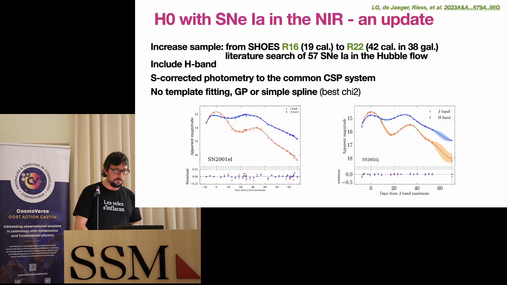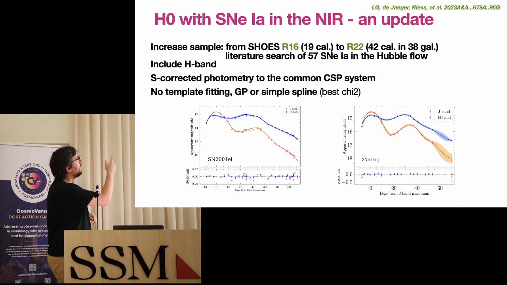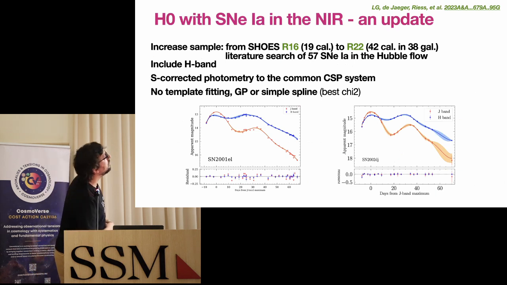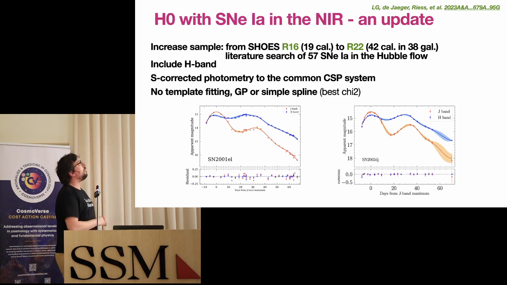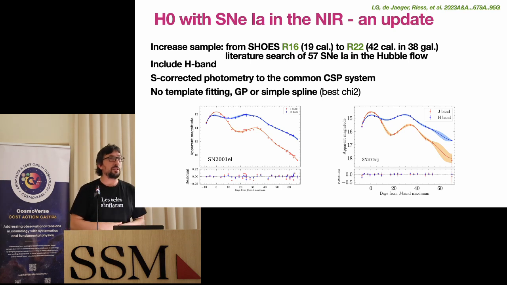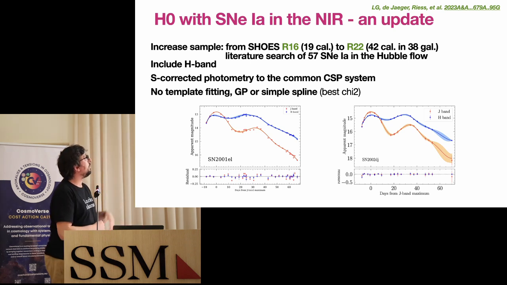So with this in mind, we had that paper in 2023 where we basically updated this work by Suhail, basing our sample on the Riess 2016 sample from SH0ES, updated to 2022.